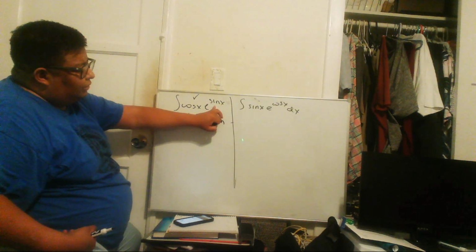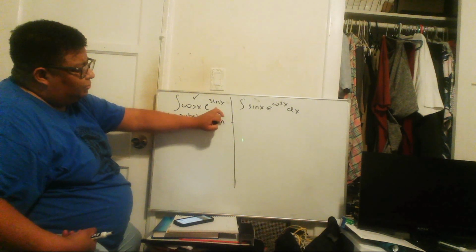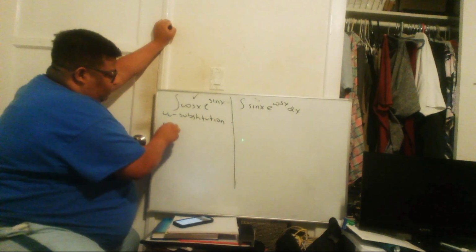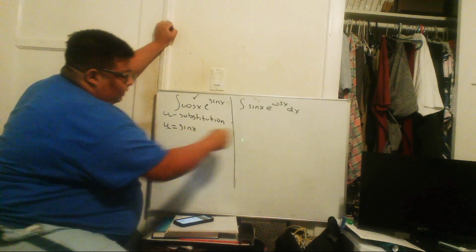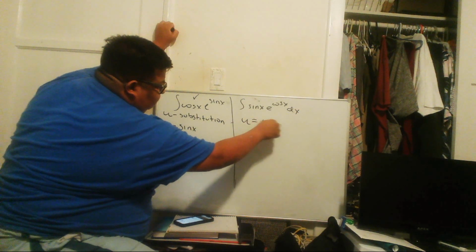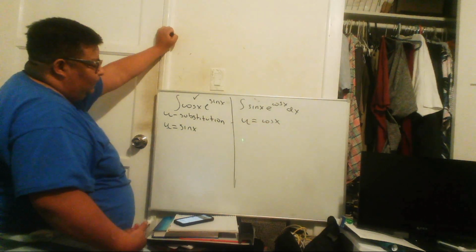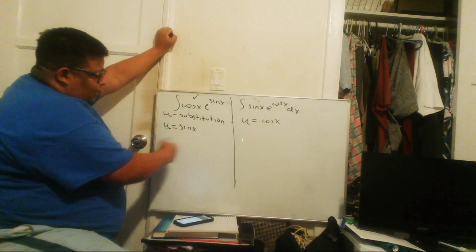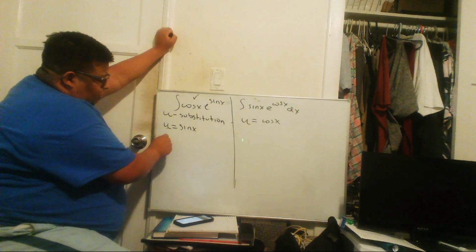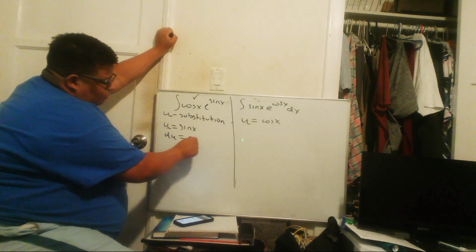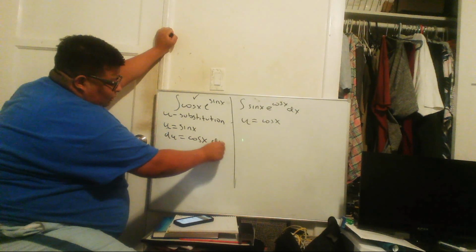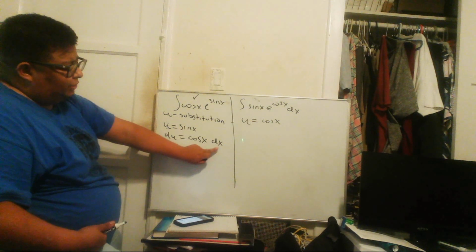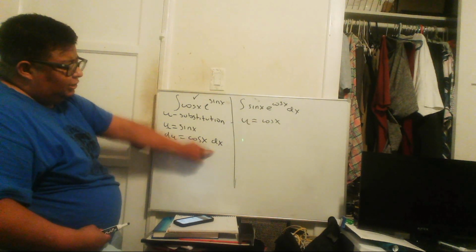The function that I'm gonna pick as my u function, my inner function, is gonna be sin x. So here I'm gonna pick u equals sin x, and here I'm gonna pick u equals cos x. But here's the trick. What's the derivative of sine? The derivative of sine is just cosine. So du is equal to cos x dx.